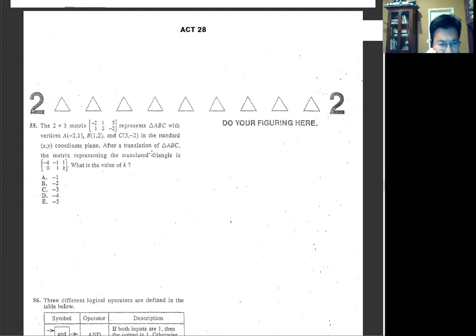After translation of ABC, matrix represent. Okay. -1, -2, comma 1. Somewhere here. And 1, comma 2, somewhere here. 3, comma -2. It's going to be here. This triangle.